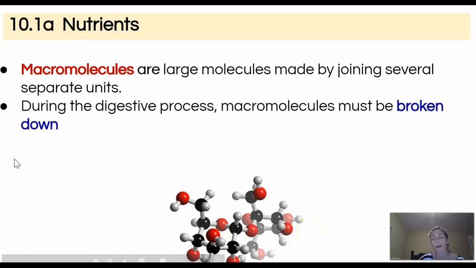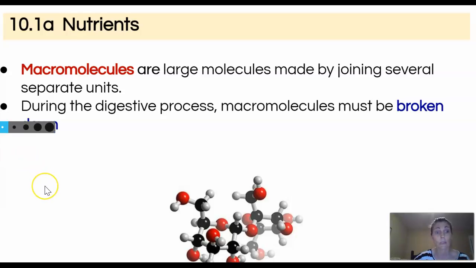So why are we talking about macromolecules? Most of our nutrients are going to be macromolecules. And during digestion, those macromolecules must be broken down. So why do they have to be broken down, you say? Well, remember that digestion involves the absorption of these nutrients through the walls of various components of our digestive system, which we're going to talk about.